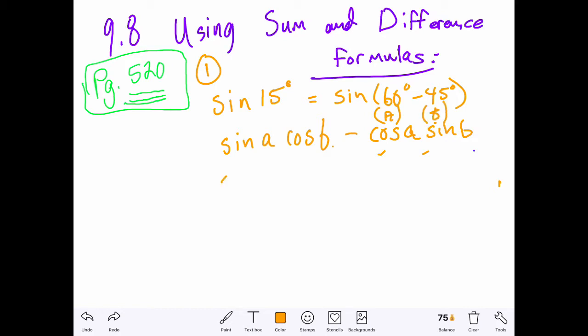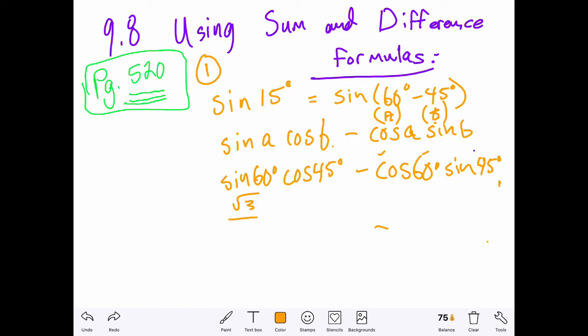Okay, so that's going to be sine of 60 cosine 45 minus cosine 60 sine 45. And if I'm in the 60s, I know the sine of 60 is the y value. That's the long side, so that's root 3 over 2, going back to my unit circle.